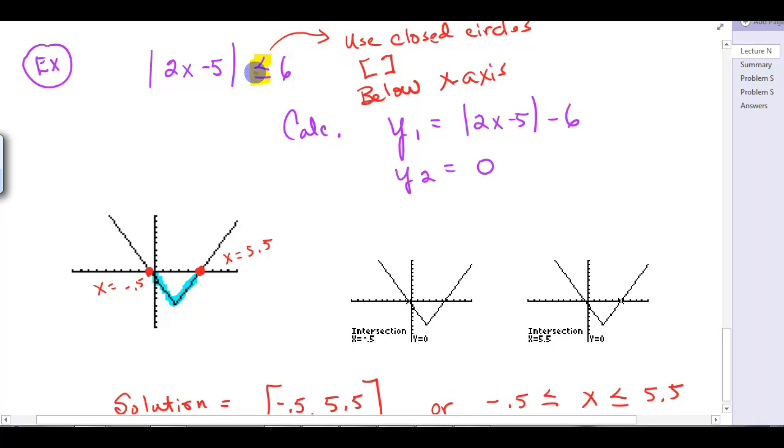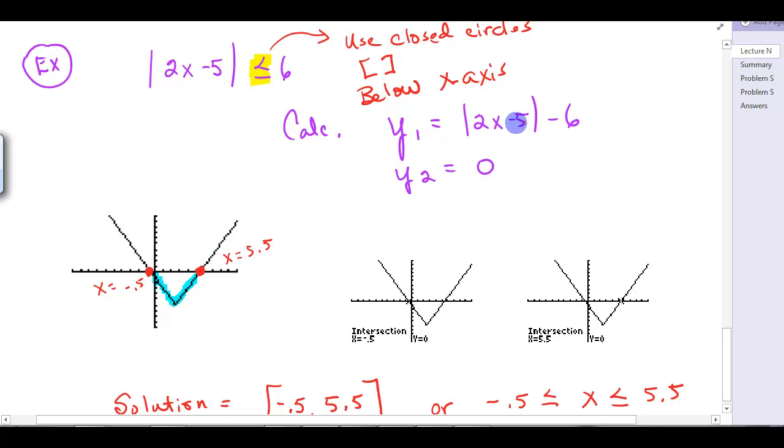This inequality sign gives you a lot of information. If it has the equals under it, then when you do your sketch, you're going to use closed circles. It tells you you will use brackets in your answer, and that your solution is below the x-axis. Okay? So in your calculator, you've moved the 6 over.